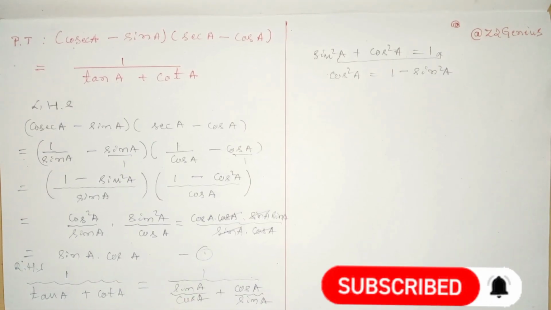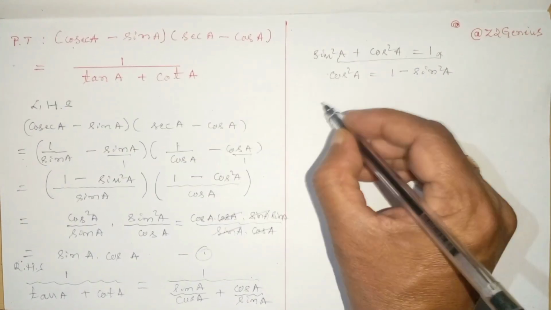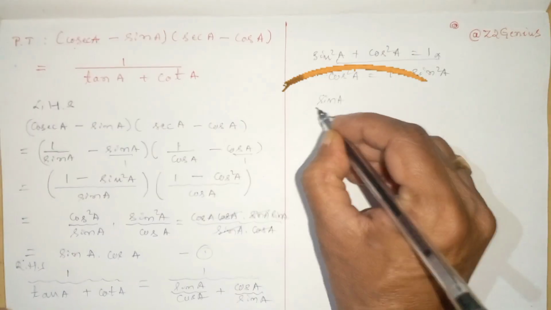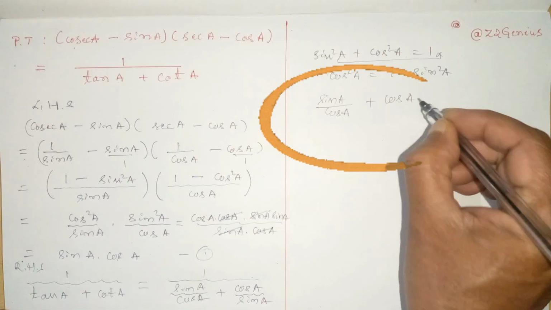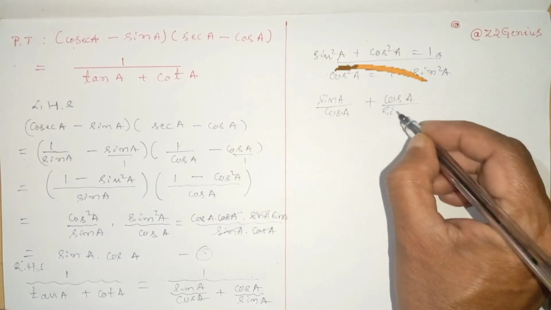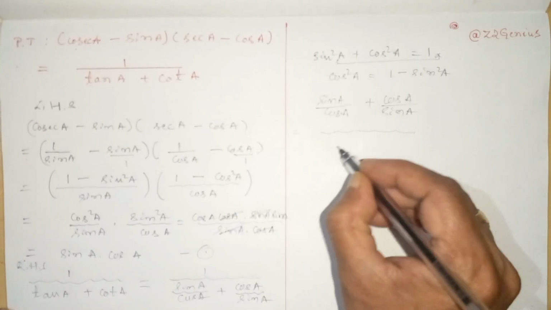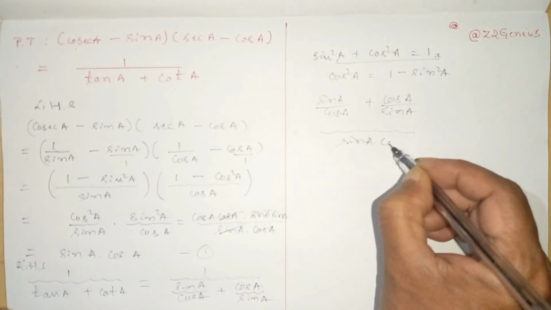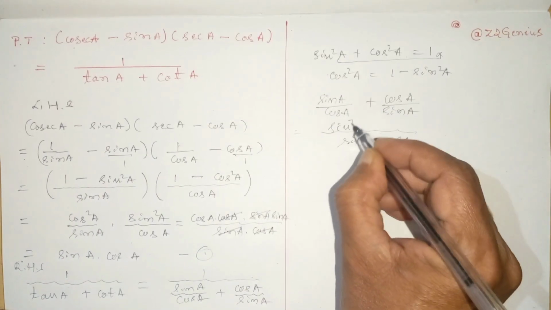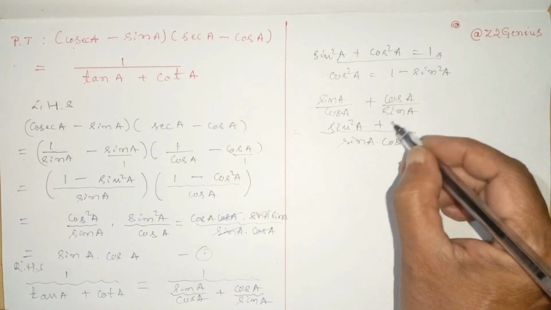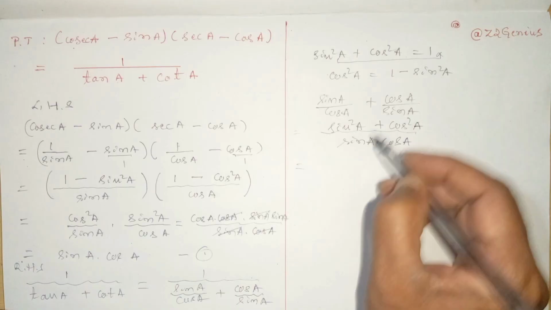After that, I want to take the LCM in the denominator. Here I write separately sin A by cos A plus cos A by sin A. Take that LCM, sin A into cos A. Here cross multiplying, sin A into sin A, sin square A, plus cos A into cos A, cos square A. You know that sin square A plus cos square A is 1.